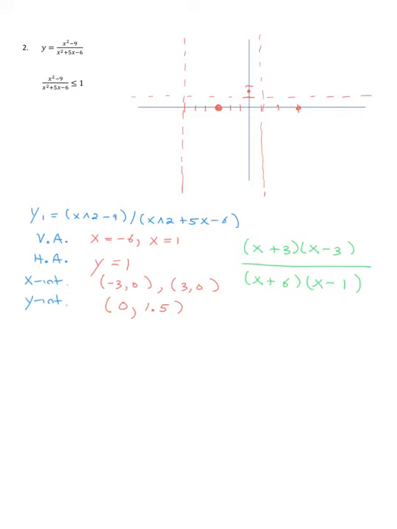Let's figure it out. I'm going to take my equation and set it equal to 1. Or I could just simply multiply this to the other side of my equation, changing it to x squared minus 9 is equal to x squared plus 5x minus 6.